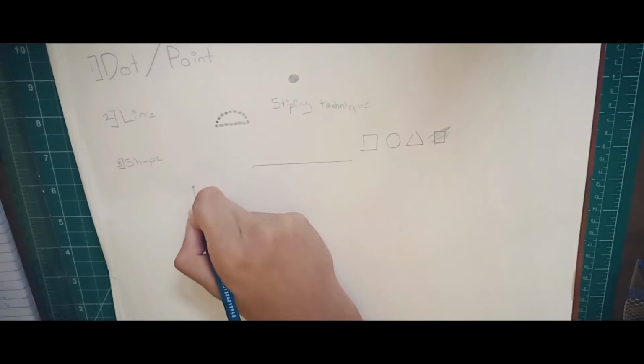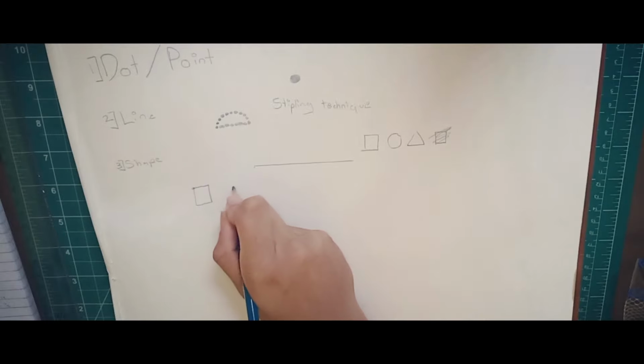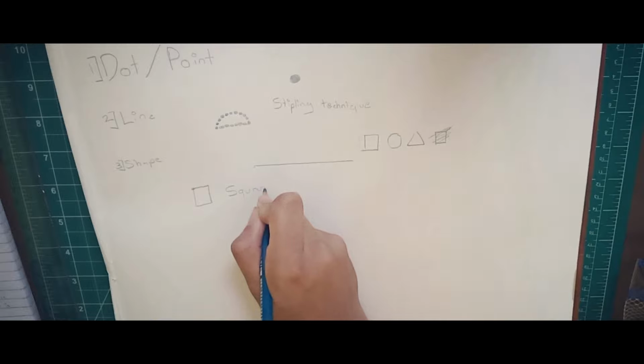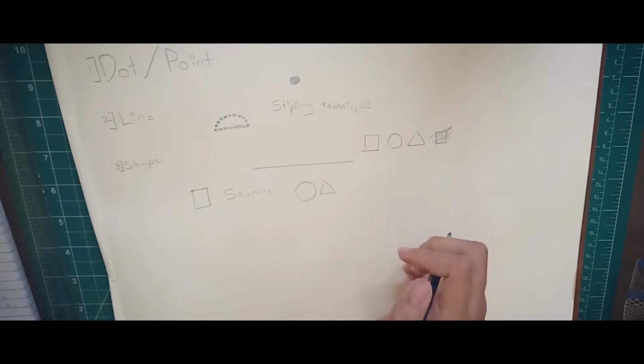So like 1, 2 and 3, dot, line and shape. It starts from a dot, ends in a line, ends in another line, another line, another line, and that is what makes a square. Just like that, it's a circle, it's a triangle, and whatnot.